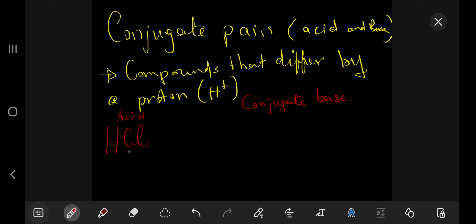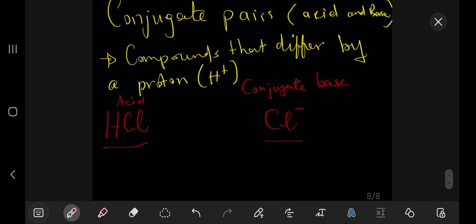If we remove one hydrogen, then Cl minus. So this is the acid, this is the conjugate base of that acid, right? And what about H2SO4? If you want the conjugate base, you subtract one hydrogen ion, so that will be HSO4 minus. So this is the conjugate base, right?